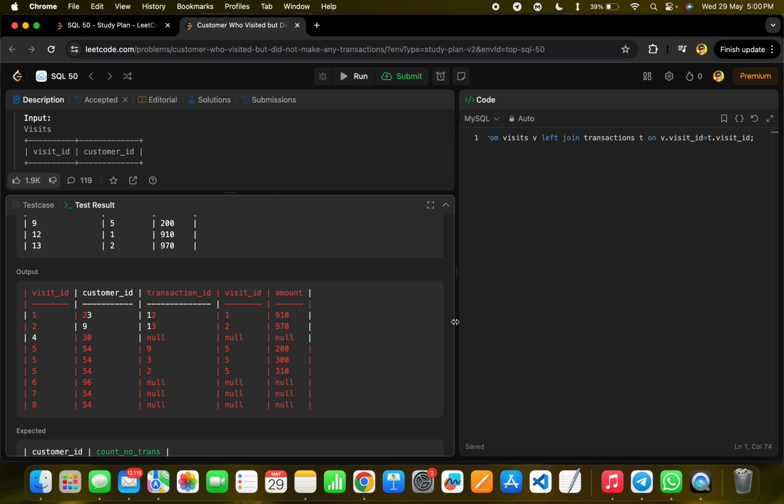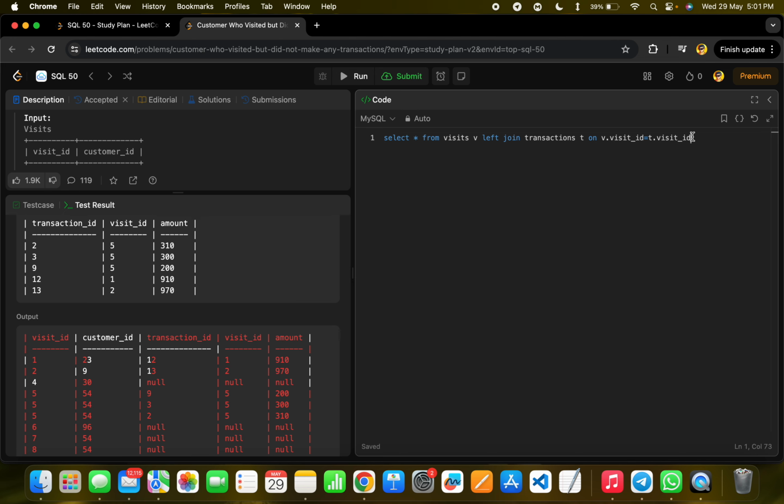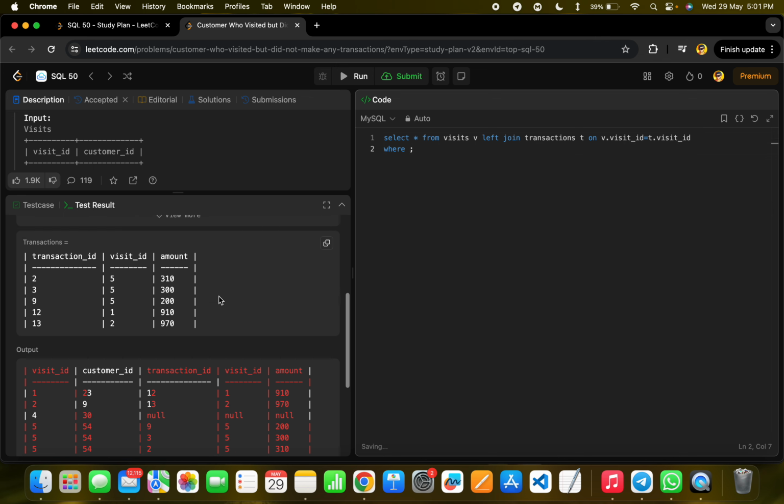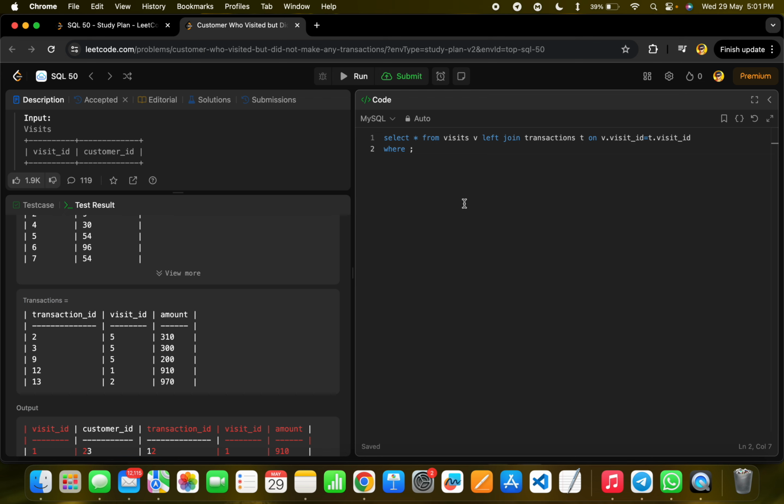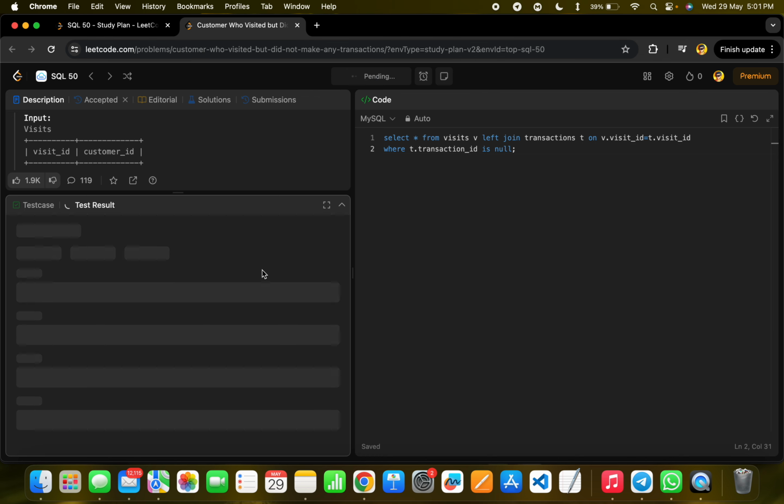So we will add that condition using where. Transaction ID is coming from the table transactions, so T dot transaction ID is null.